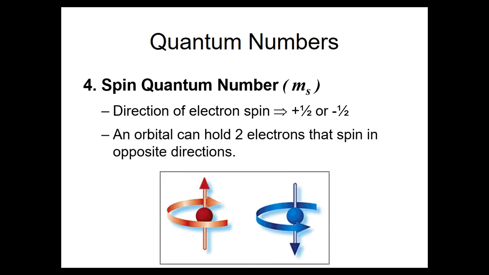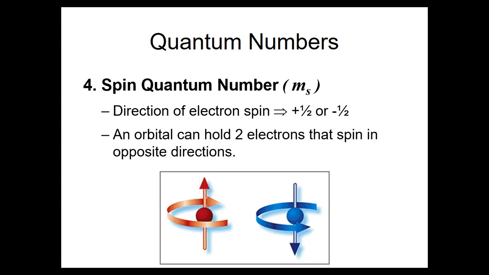So the electrons can spin in opposite directions. We have 2 electrons per orbital, one spinning in a clockwise direction, the other spinning counterclockwise. So this just tells us that each of those orbitals, like each p orbital, can only hold 2 electrons. The electrons then are spinning in opposite directions.